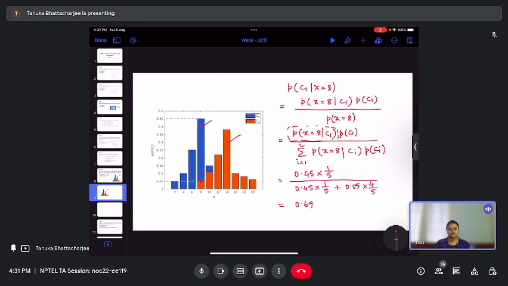You can see that the sum is actually 1. This way we can cross check that the posterior probabilities we calculated are correct. This is the case because these are the only two possible choices: either x equal to 8 will belong to class C1 or to class C2, so the probabilities should sum up to 1.